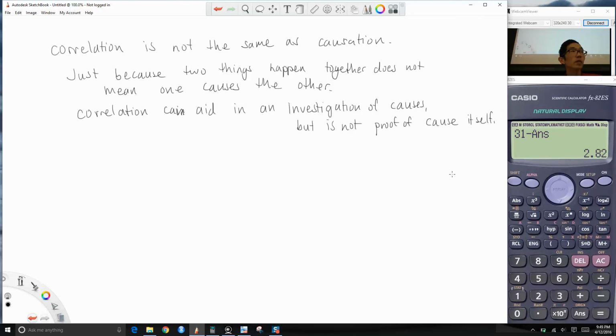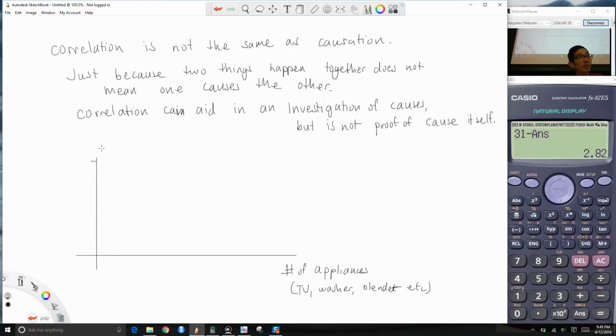Okay, so if we were to look at the number of appliances in a house, things like TV and washer and blender, etc., and then we look at the academic performance of the kids, right?